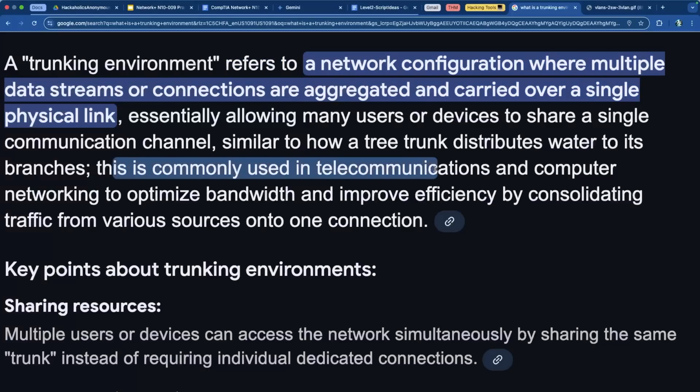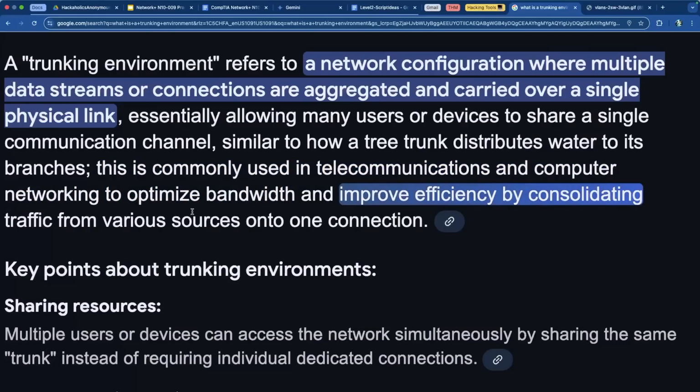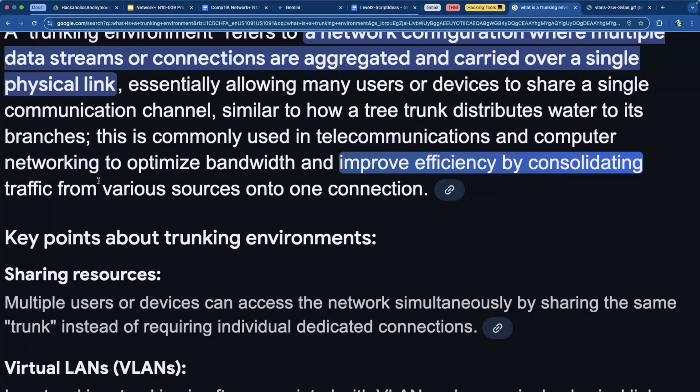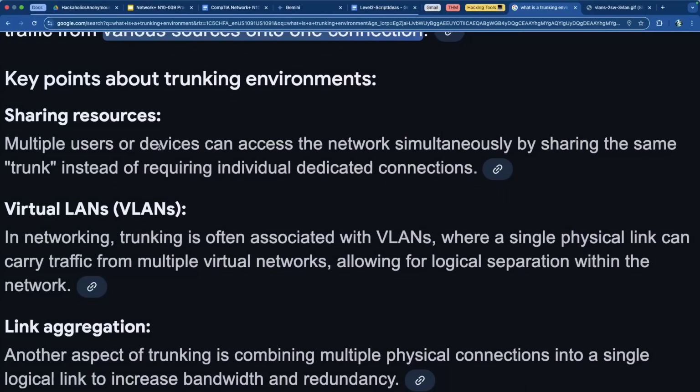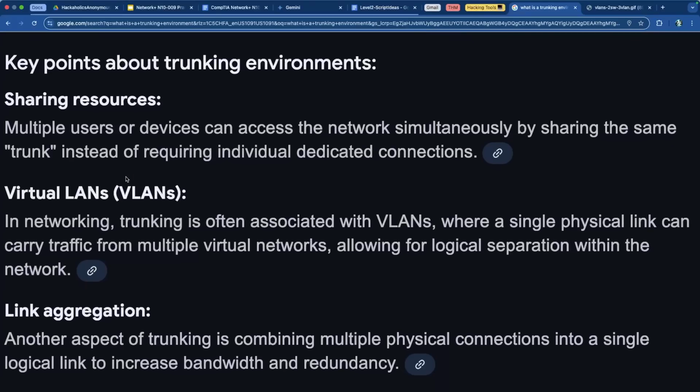This is commonly used in telecommunications and computer networking to optimize bandwidth and improve efficiency by consolidating traffic from various sources onto one connection. So multiple users or devices can access the network simultaneously by sharing the same trunk instead of requiring individual dedicated connections. And this is where VLANs come in.